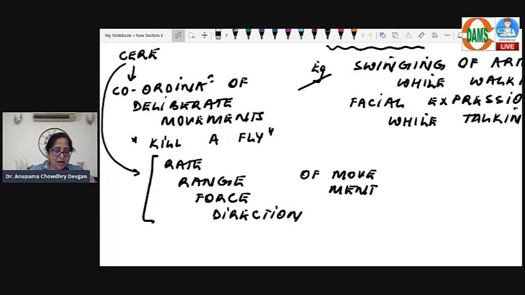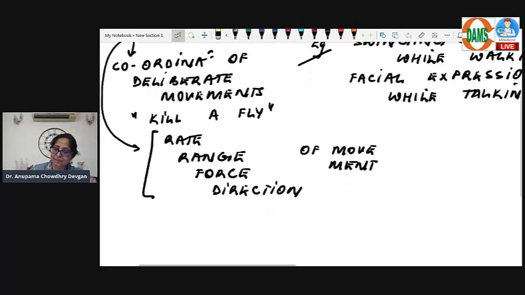Right? Now, writing is also deliberate, it is sort of overlap. So if there's a cerebellar lesion, it will affect writing. So also basal ganglia lesion. It is deliberate plus automatic, both. So there is an overlap which is seen.